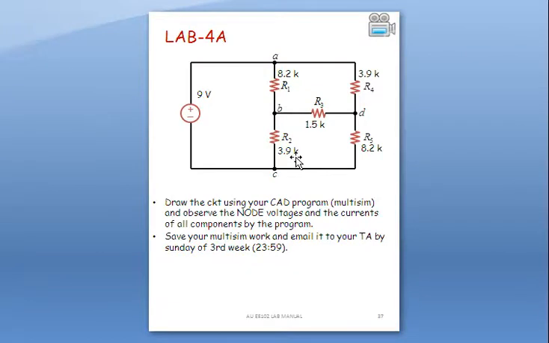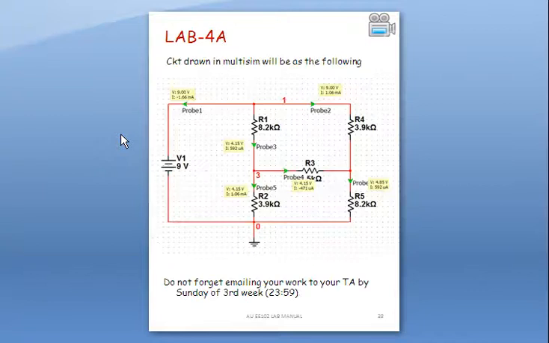For lab 4A, the part says make the simulation of the circuit on Multisim and email it to your teaching assistant. You will draw a circuit like this, and as you can see, the node voltages are here, and you will email it to your teaching assistant.